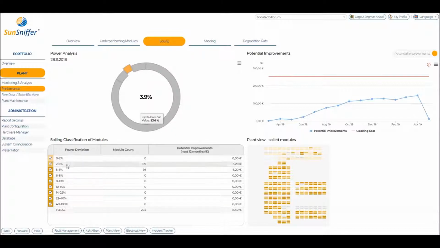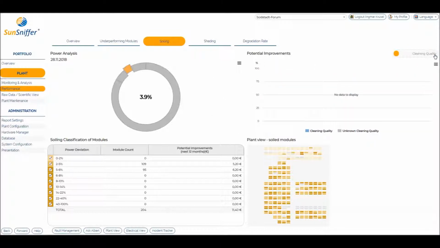We cluster them in loss classes, and the red line shows when it makes sense to clean. Well, that's still under the line. This is still good. You see it dropped here in Germany in April. We had a lot of rain, so they cleaned by themselves. Some countries don't have this, so you would display them here.